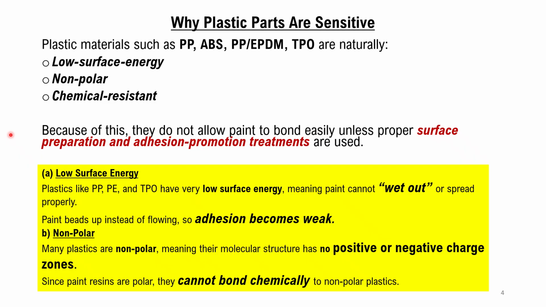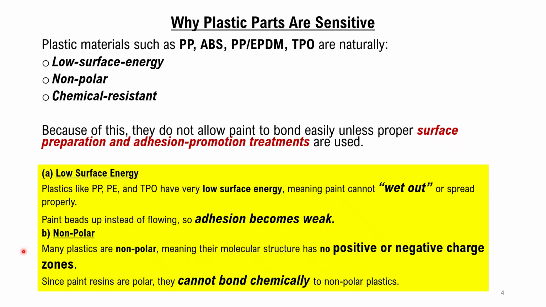By low surface energy, we mean that plastics like polypropylene, polyethylene, and TPO have very low surface energy, meaning paint cannot wet out or spread properly. Paint beads up instead of flowing, so the adhesion becomes weak.